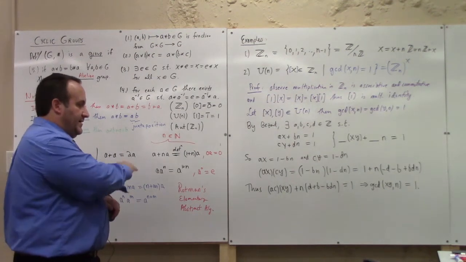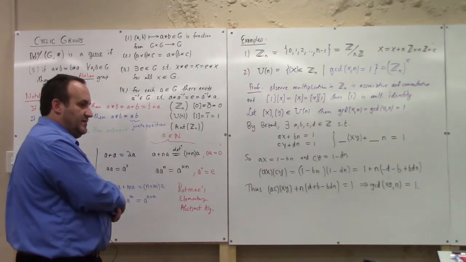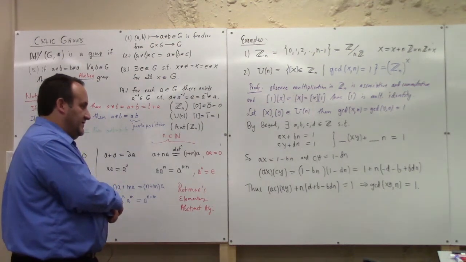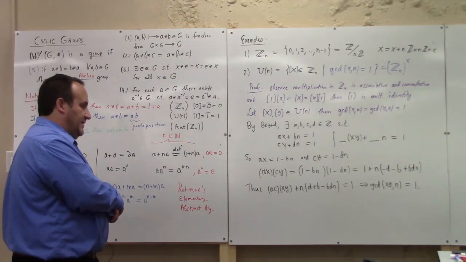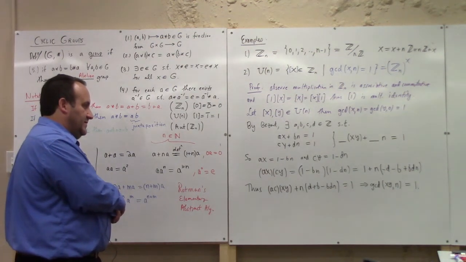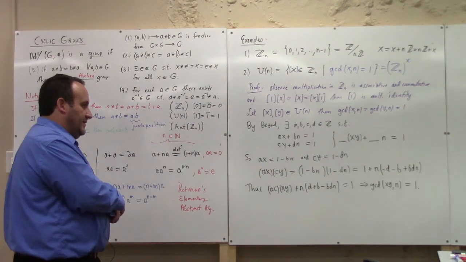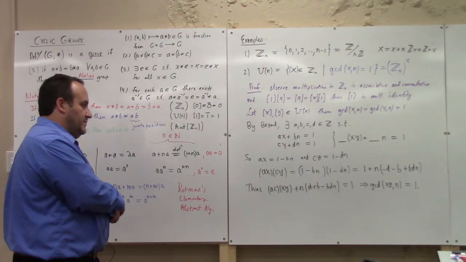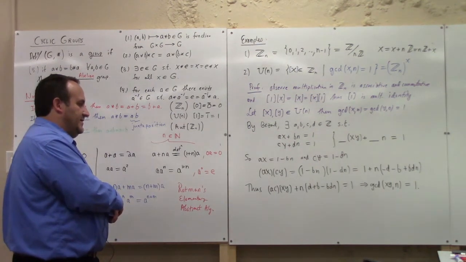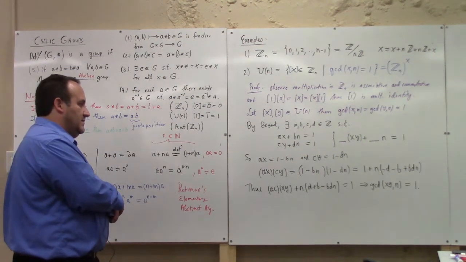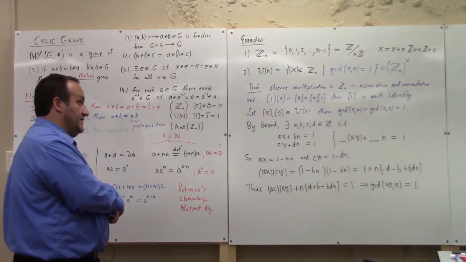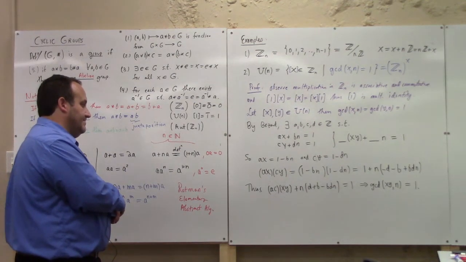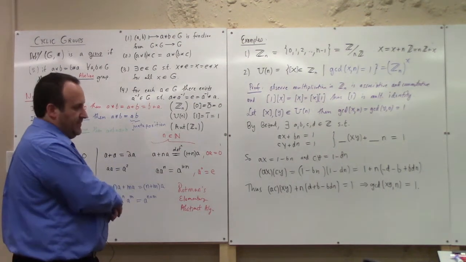If you can write an integer linear combination of two integers equal to 1, then those two integers have a greatest common divisor of 1. This is part of the whole Bezout business.